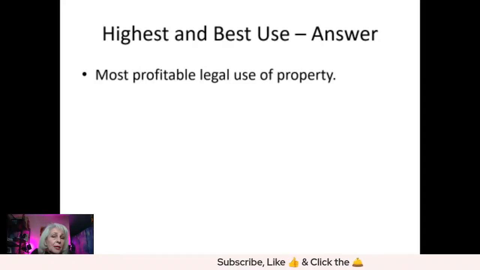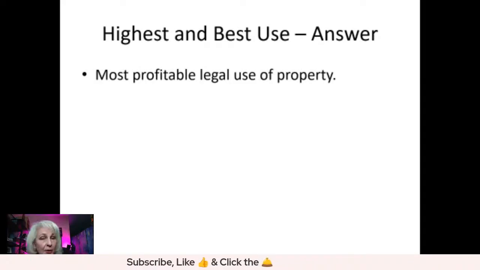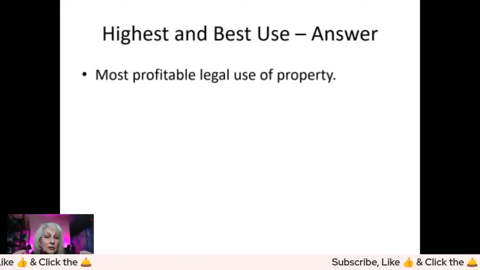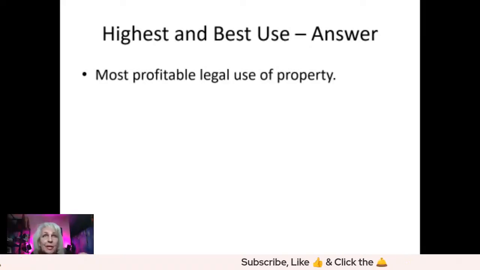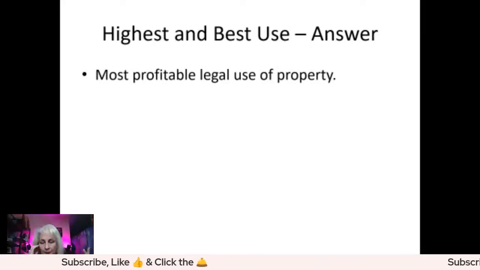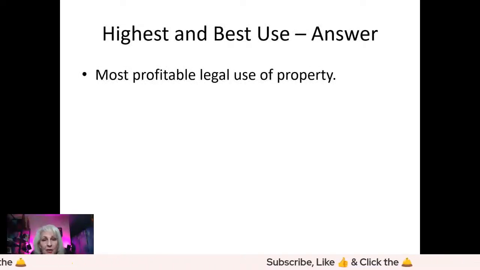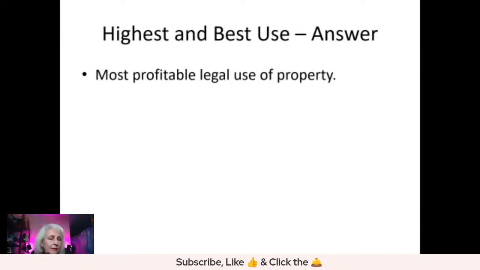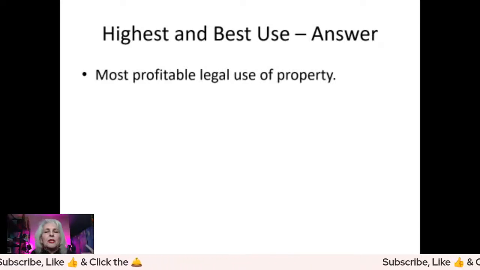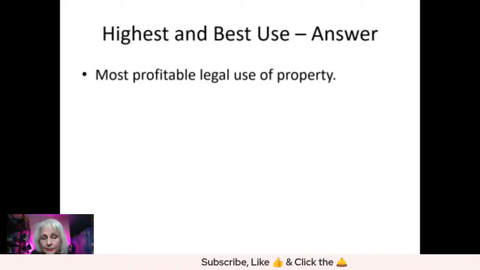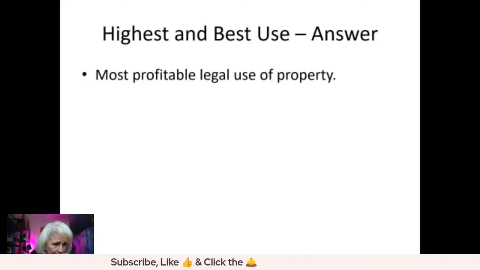And sometimes it will have a higher value if two lots are combined versus buying them separately, because some companies may require more land, like drive-through companies such as McDonald's, Burger King, Subway, Pizza Hut, or huge department stores.